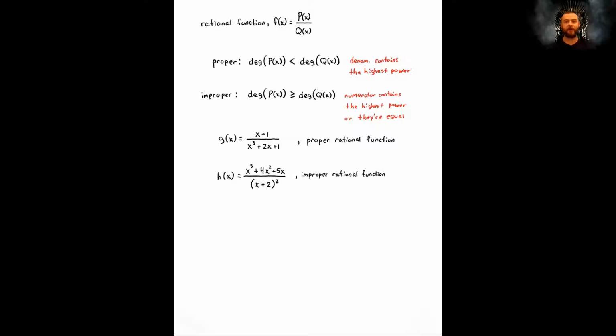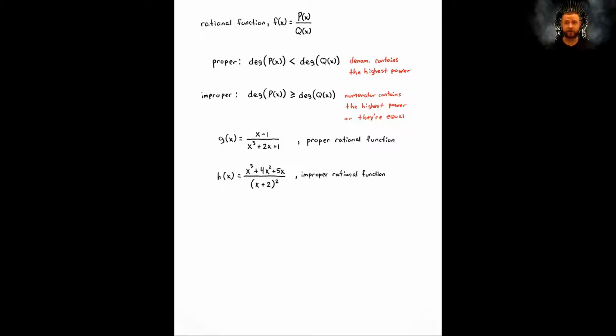But now for rational functions, we have to quantify numerator and denominator, their size, by degrees of their polynomials. So we define a proper rational function as a rational function where the degree of the numerator is less than the degree of the denominator, strictly less.